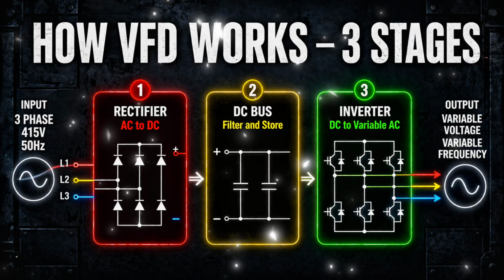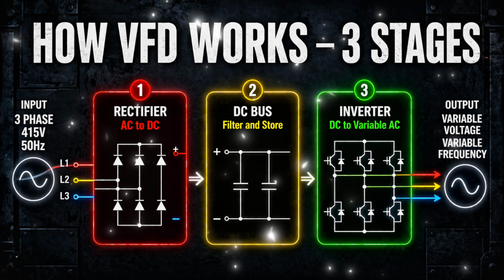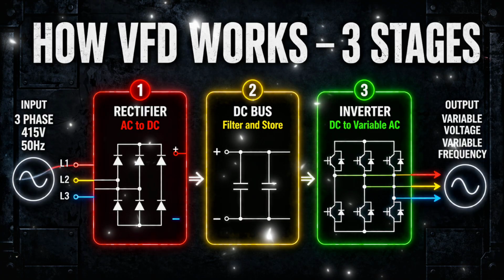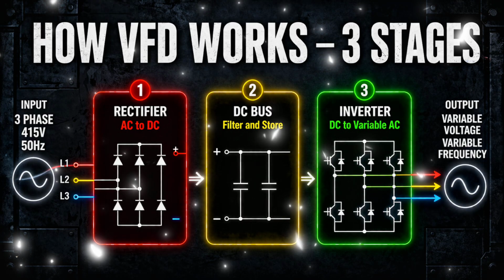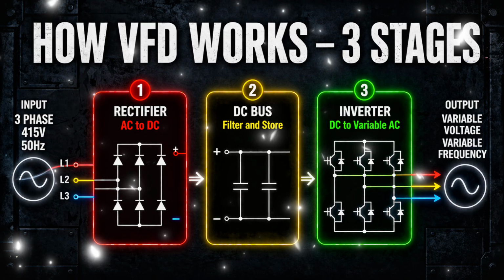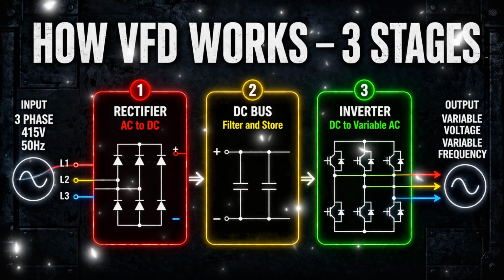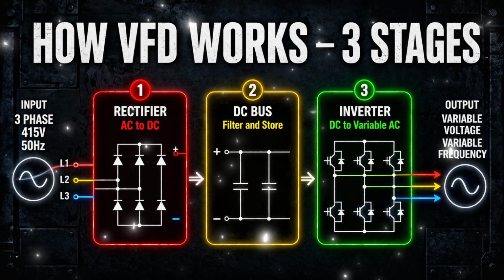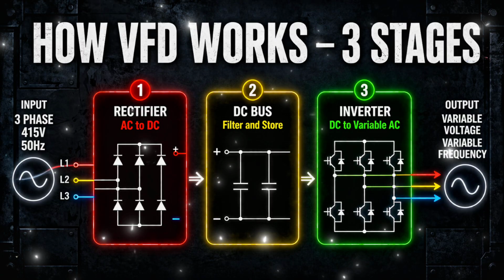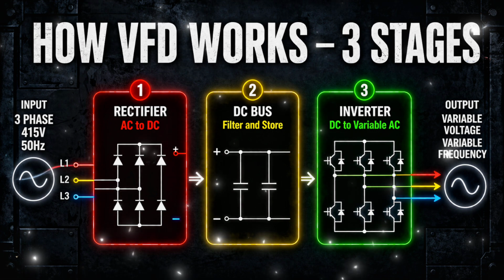Now let us understand exactly how a VFD works inside. A VFD has 3 main stages. Stage 1, the rectifier. Stage 2, the DC bus. Stage 3, the inverter. The input to the VFD is fixed 3-phase, 415 volts, 50 Hz from the supply. This fixed supply enters stage 1. The rectifier converts AC to DC.